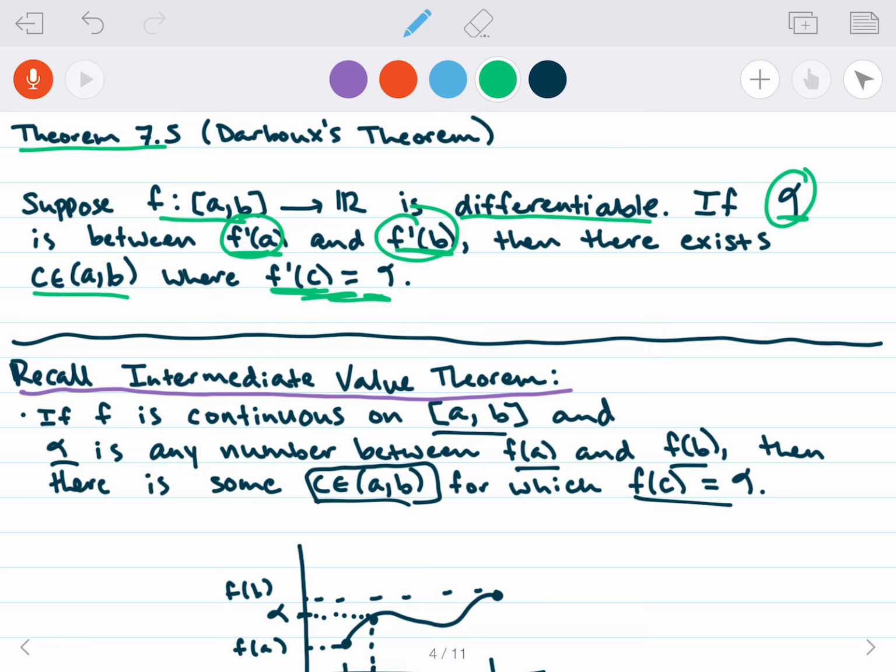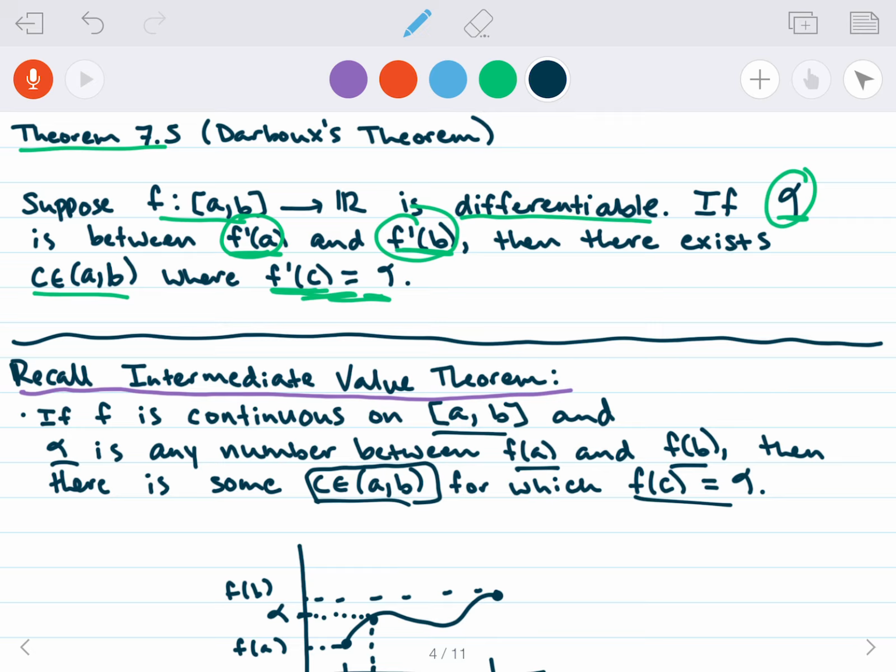F prime of c is equal to alpha. And that kind of makes sense. But the key distinction here is that your derivative does not have to be continuous for this to hold true. Okay, so that's the big distinction here.